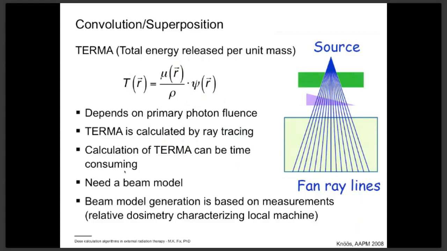For this you need to have an explicit beam model describing the energy fluence characteristic of the treatment head, impinging on the volume for which you want to calculate the dose.